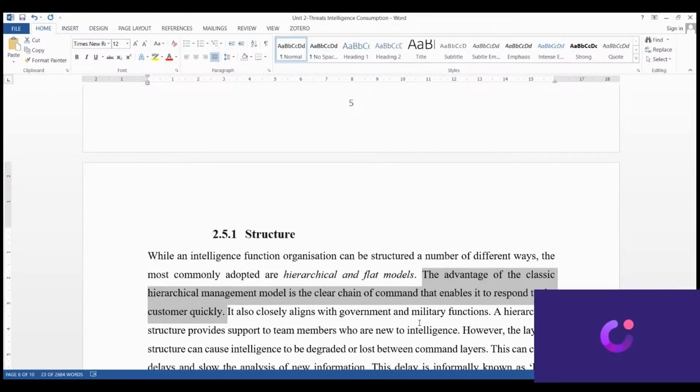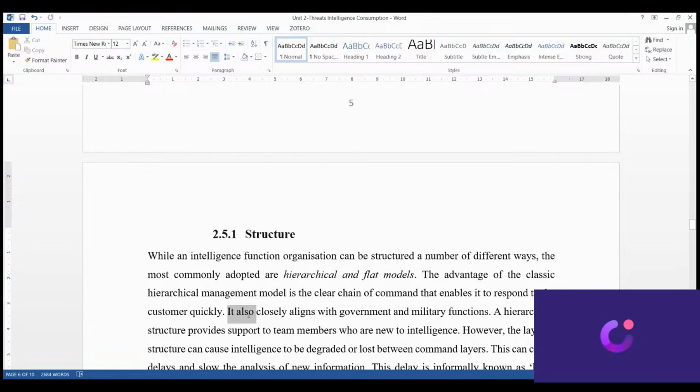The clear chain of command helps in quickly responding to customer queries.